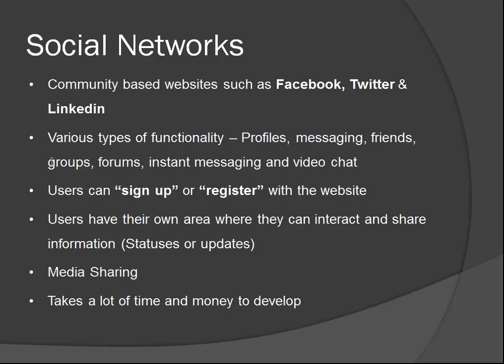For instance, Facebook has groups, LinkedIn has professional groups, forums, which are less popular than they used to be, instant messaging, and video chat. That's not all of them, but those are some of the most common types of social functionality. Users can usually sign up or register with the website and create their own account, and they usually have their own area where they can interact and share information.